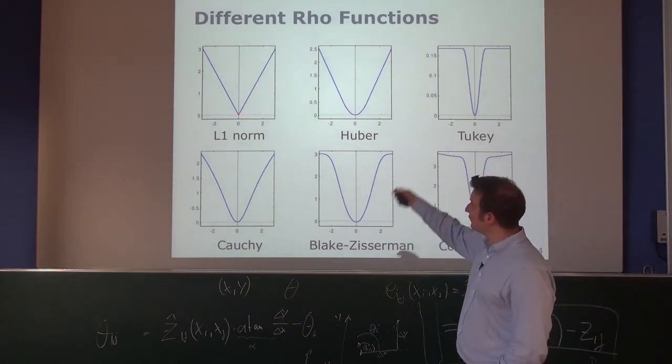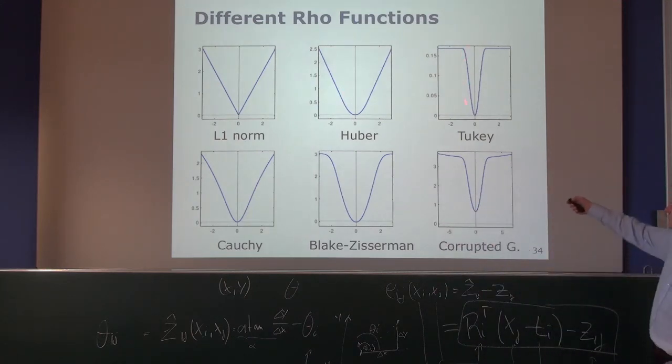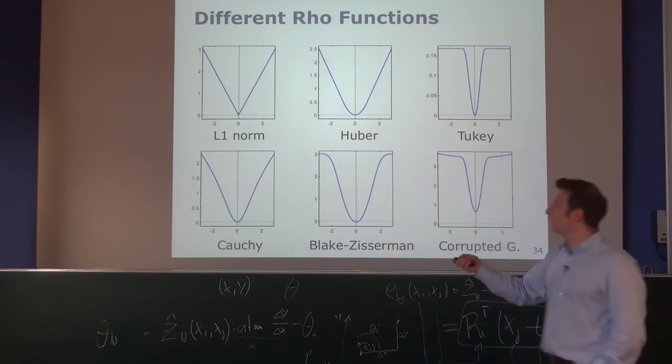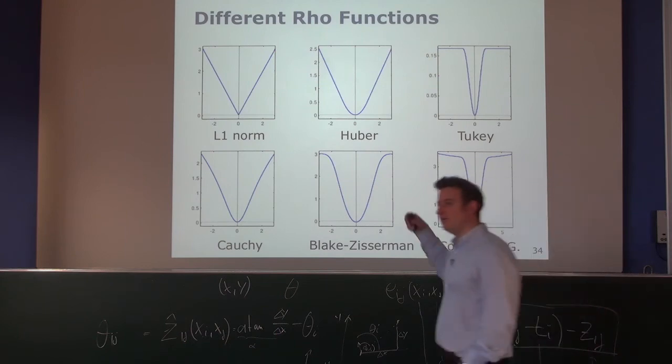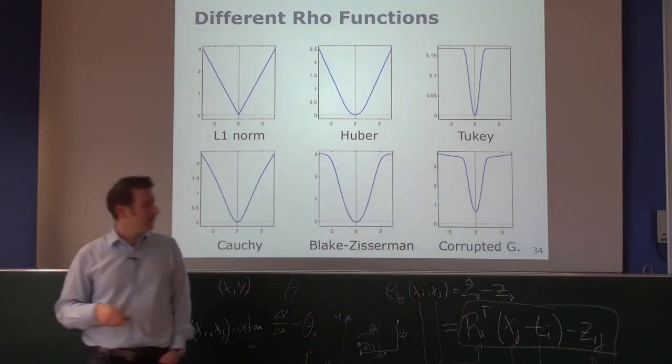Quadratic is the original function that we have. This is a Huber cost function. You have other cost functions which are again a kind of parabola here and then are flat over here, or which approach a flat line, like the Blake-Zisserman kernel, Cauchy, and corrupted Gaussians. So there are different kinds of rho functions that we can plug in there.